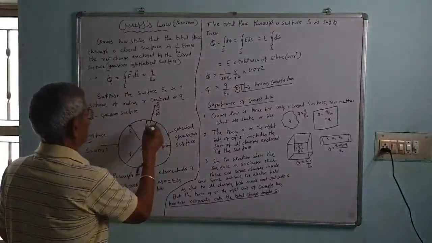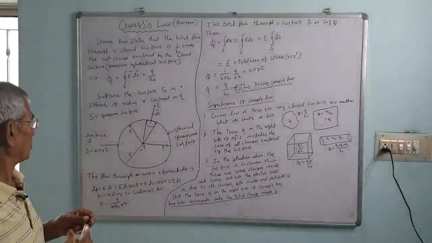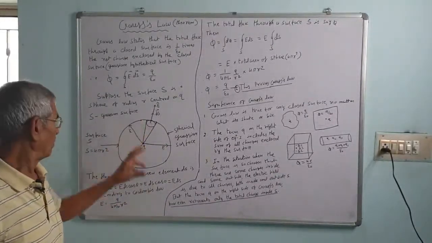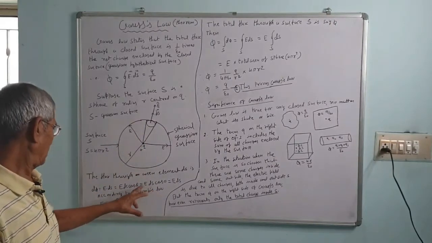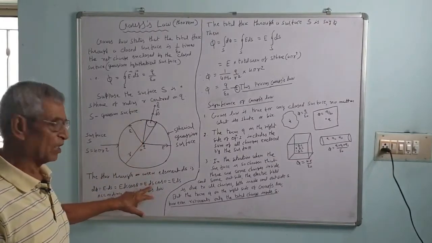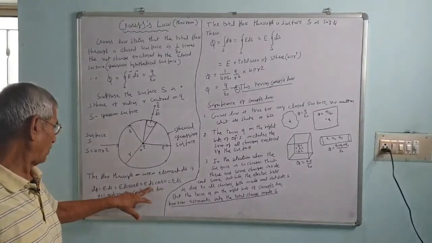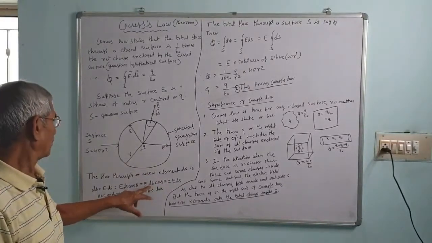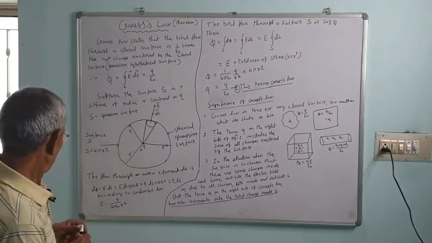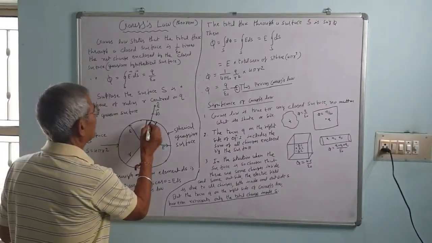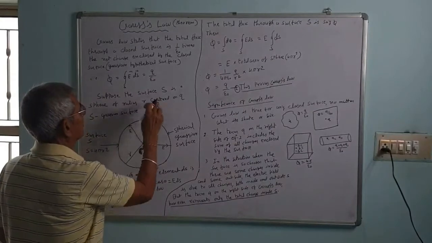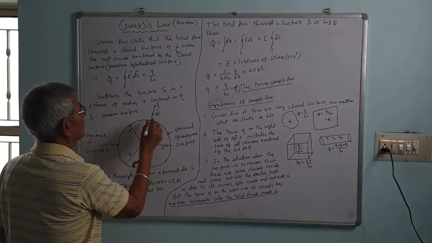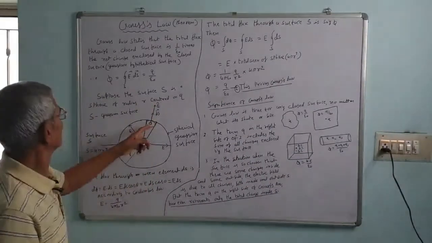We know that the radius is at right angle to the surface of a sphere or spherical surface S. That E, ds, the small part of the surface ds, also will be perpendicular. The ds is the normal drawn to the element ds, that is the small surface area, that is normal to the surface.